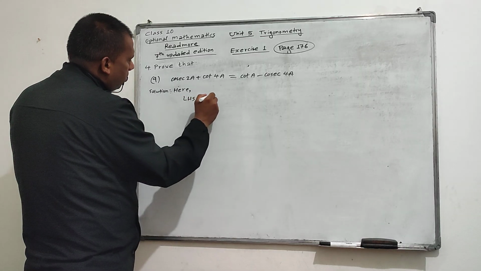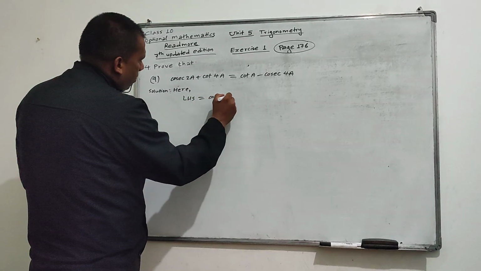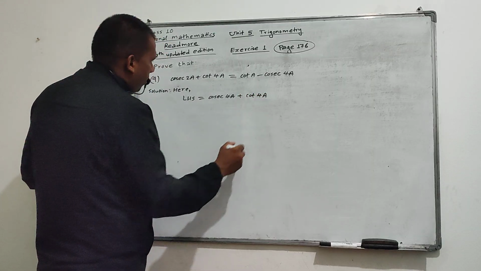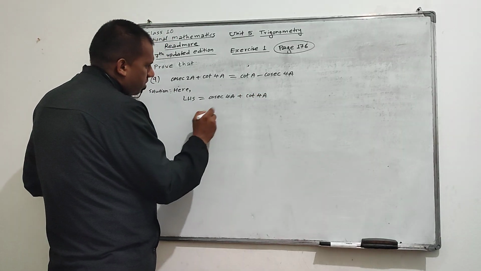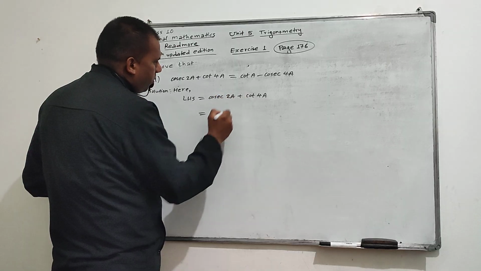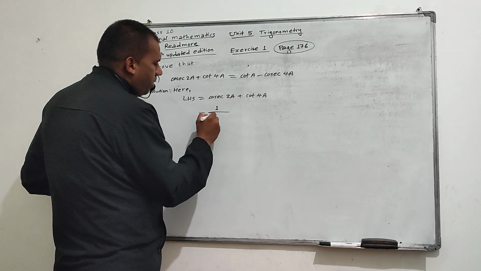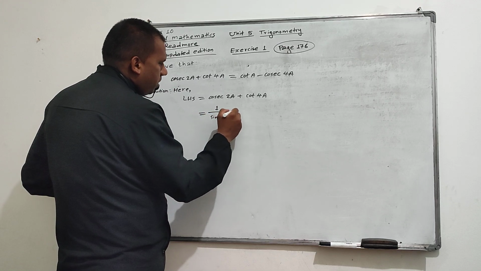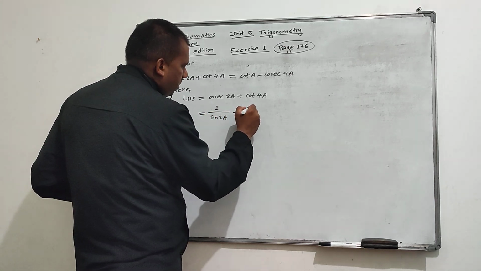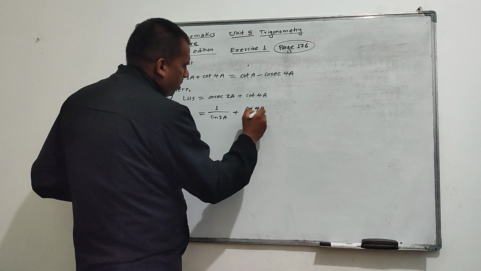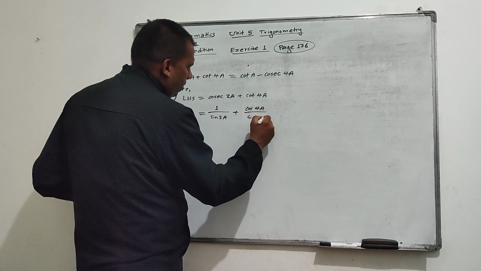Now its solution here. LHS equals cosec 2a plus cot 4a. Cosec 2a is 1 upon sine 2a, cot 4a is cos 4a upon sine 4a.